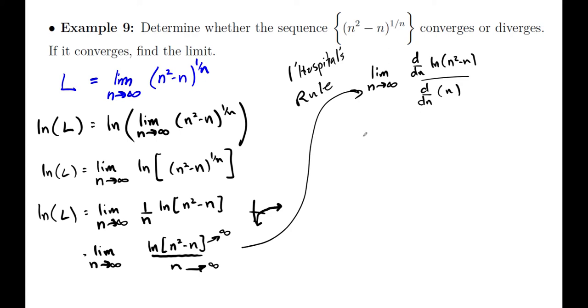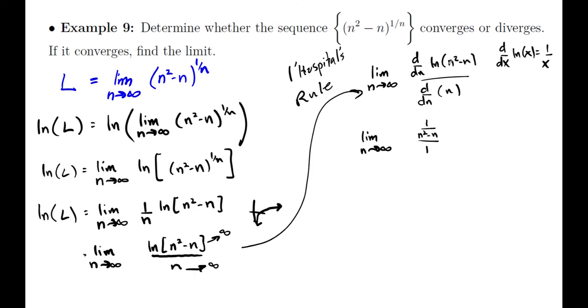Now let's start with the bottom because that looks easy. In the bottom, we just have 1 when you take the derivative. That's a relief. Okay, let's think about the top though. On top, remember, the derivative of the natural log of x is 1 over x. So the derivative of the natural log of that stuff is 1 over that stuff.